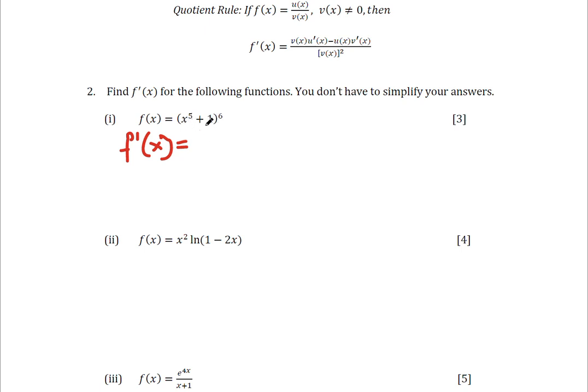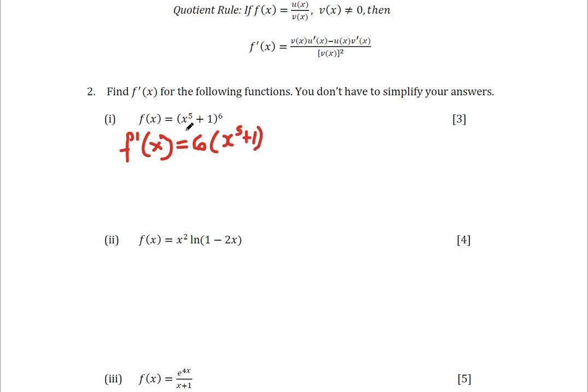So to do that, we will apply the power rule principle within the application of this chain rule, first and foremost. So we're going to bring the power of 6 down to the front of the bracket. So this will be 6 multiplied by x raised to the fifth power plus 1.